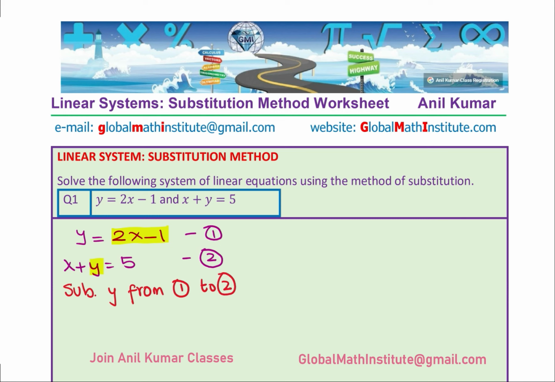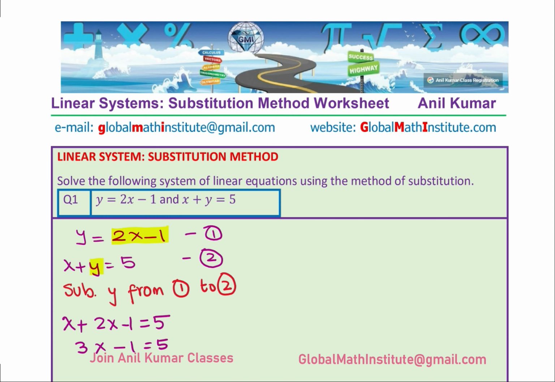So what do we get now? We get x plus, instead of y, I will write 2x minus 1. And on the right side, we got 5. So we can now combine the like terms, which is 3x minus 1 equal to 5.